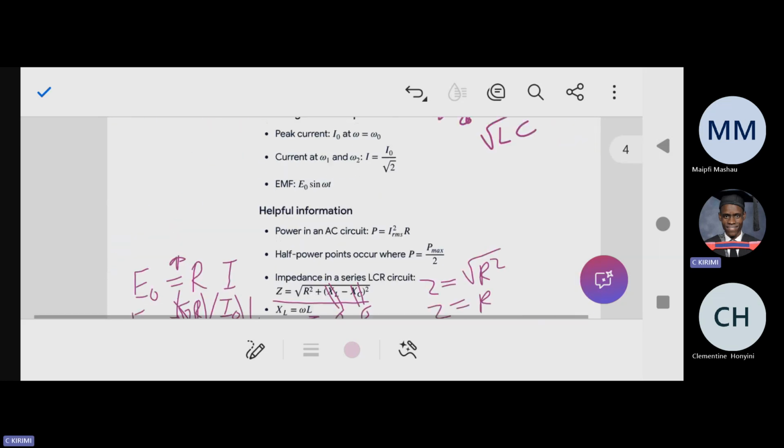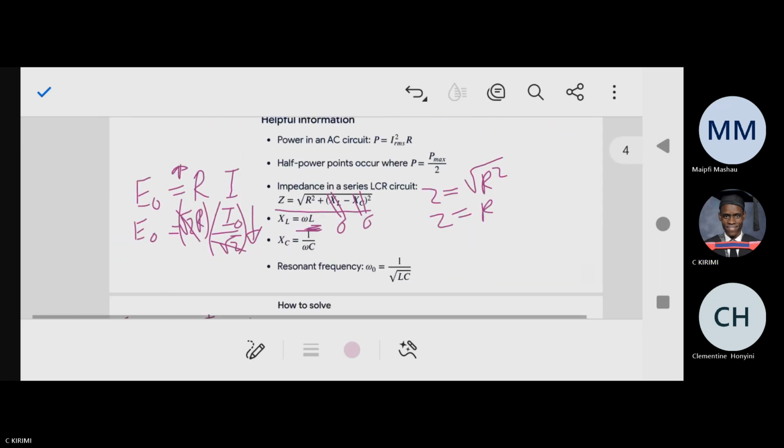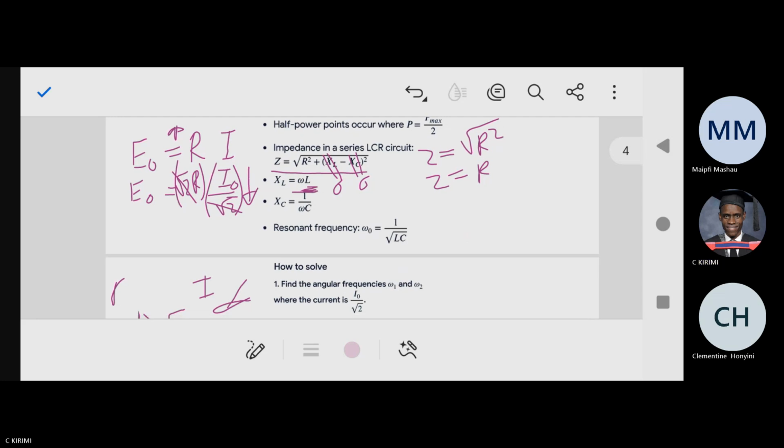That resonance frequency, I think, was page number 3. Yes, this one. Can you see this one? The resonance frequency.